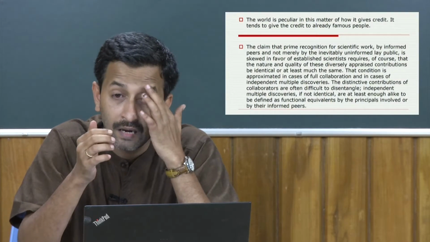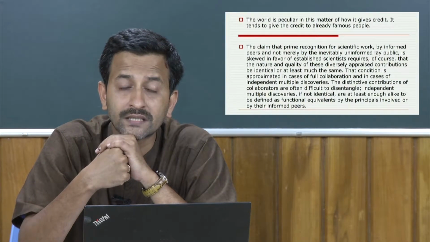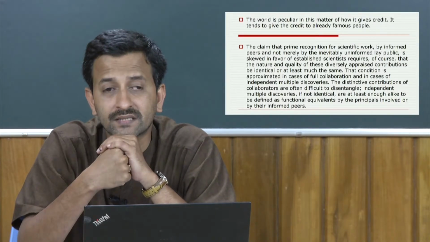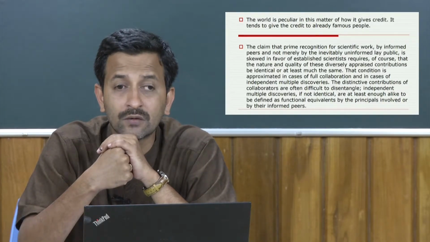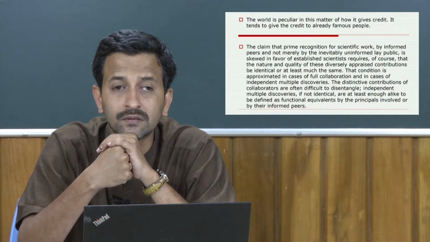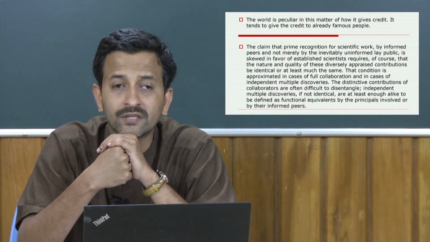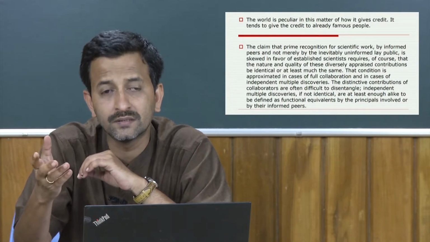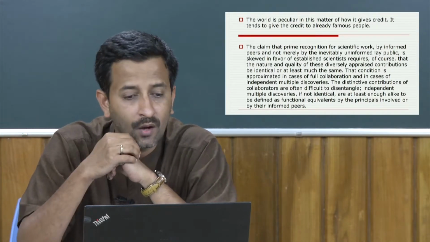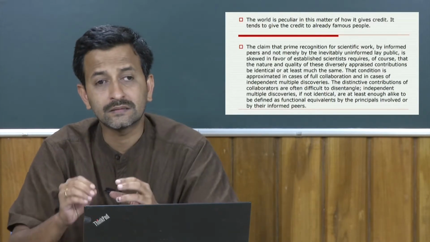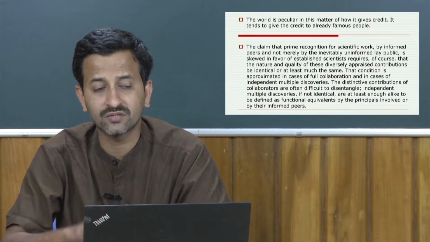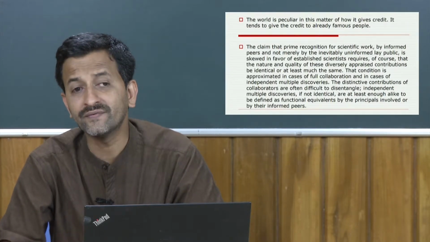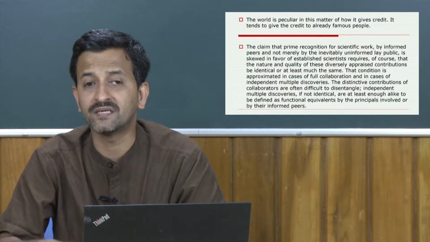Okay. If you look at the history of science, history of physics, history of mathematics, you will find the kind of controversies which arose in the context of the works of Newton as well as Leibniz. Such a condition is approximated in cases of full collaboration and in cases of independent multiple discoveries.